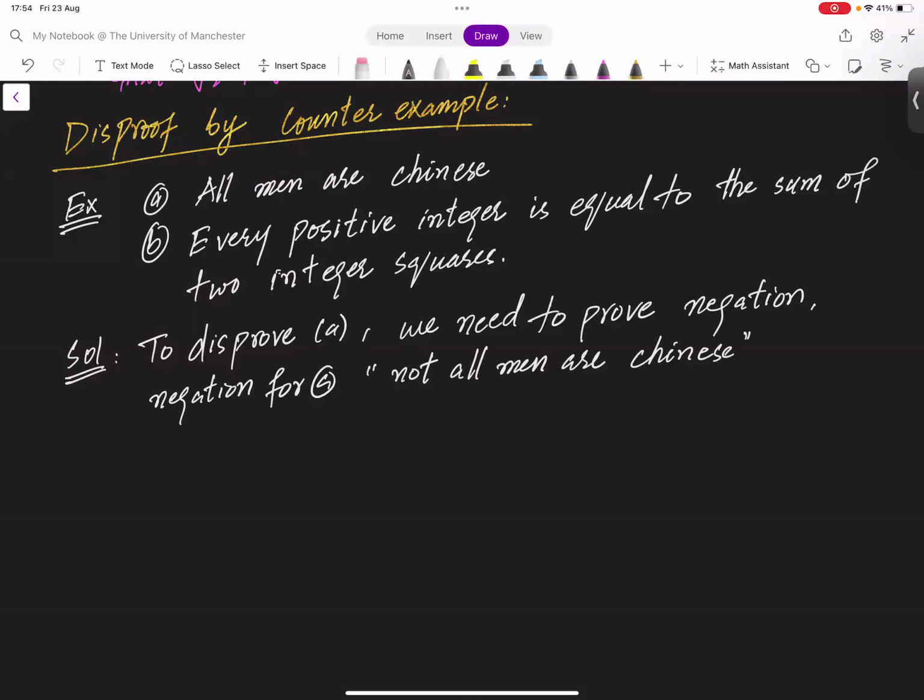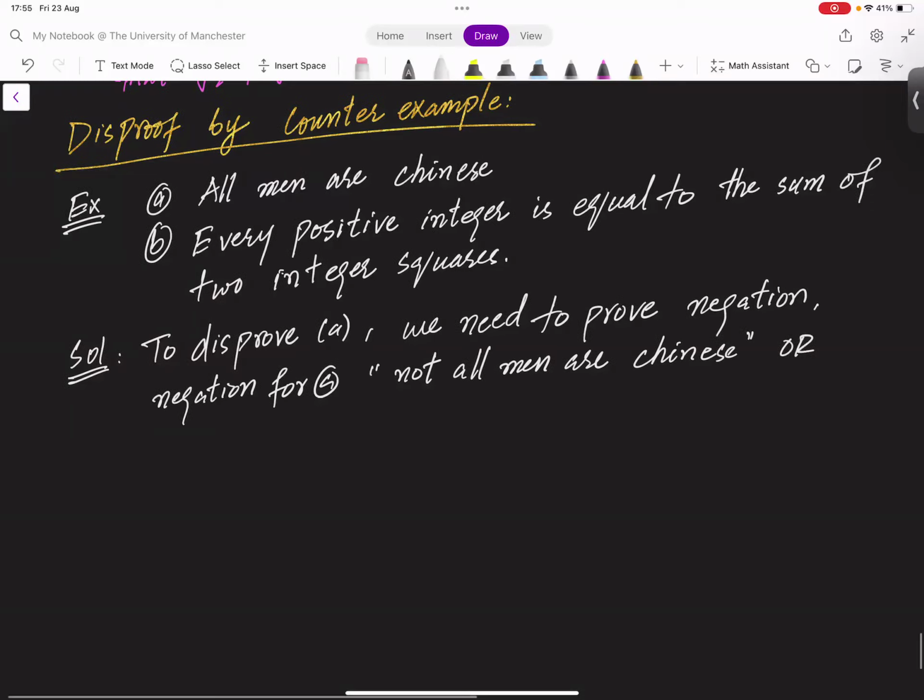Or we can also say there exists a man who is not Chinese.